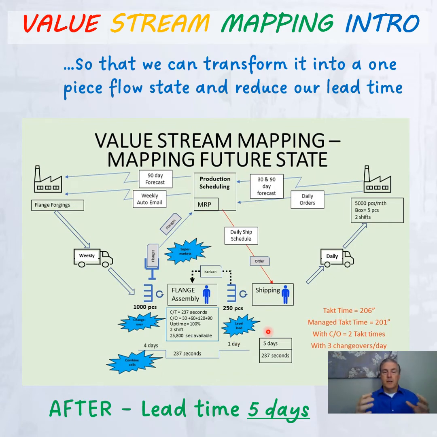So you can see how much simpler and how much more compact the process is by just going through a value stream mapping event, identifying the material and information flow waste, and looking at how we can improve the overall lead time of the process. So again, we show our lead time 5 days.